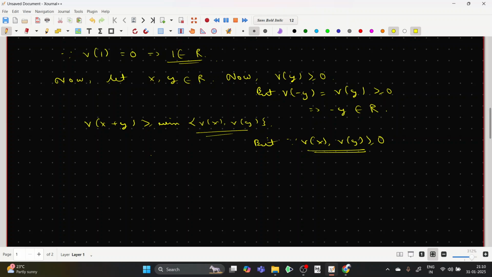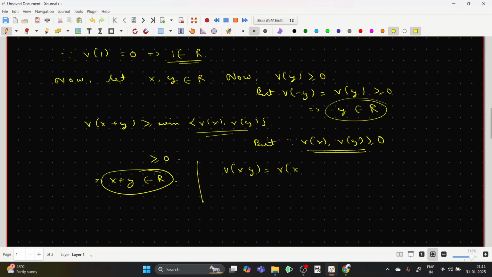So x plus y is also in R. Now what is the valuation of xy? We know the valuation of xy is v of x plus v of y. Both are greater than or equal to 0 and both are integers, so this is also greater than or equal to 0. So xy is also in R.